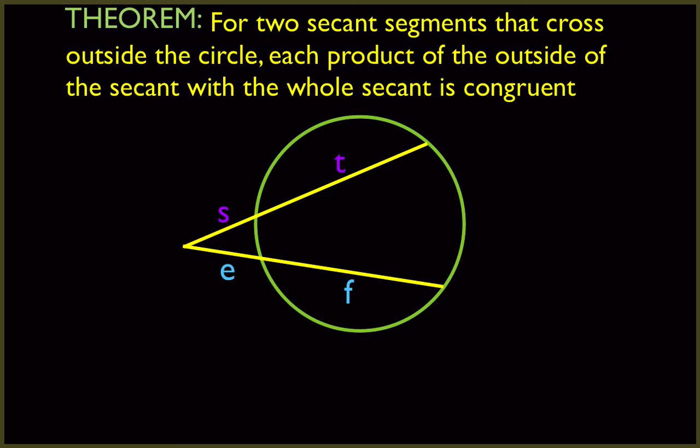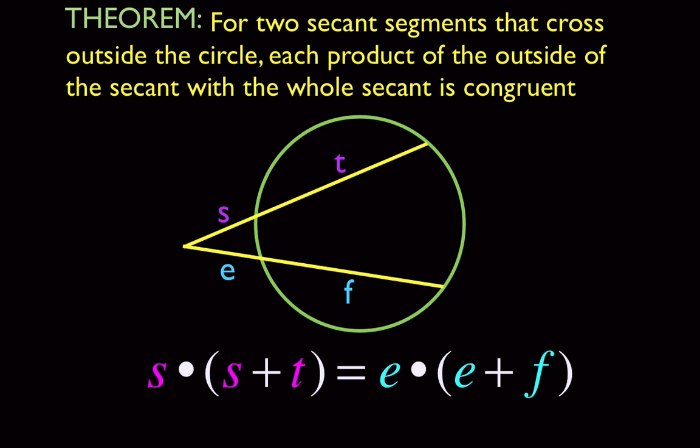If this outside is S and this is T, the whole thing is S plus T. If this outside is E and the inside is F, then the whole thing is E plus F. So if you look at the theorem, it says this. The outside, which is S, times the whole thing, which is S plus T, is equal to the outside, E, times the whole thing, E plus F.